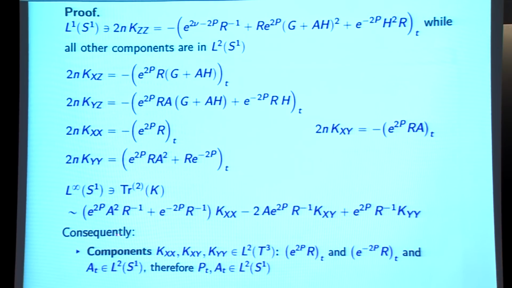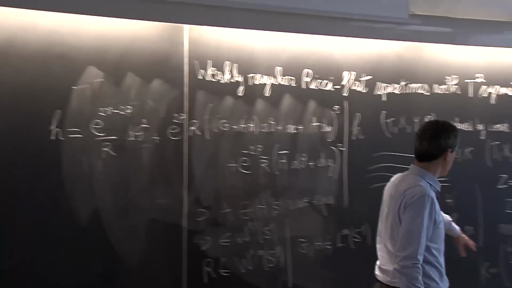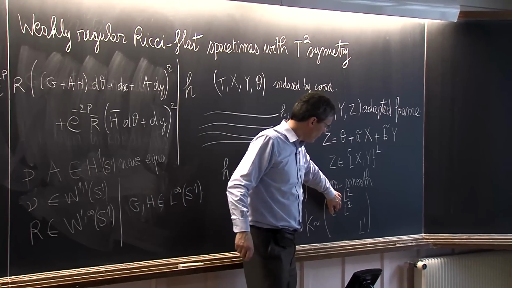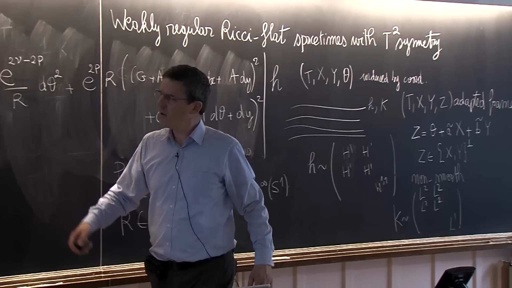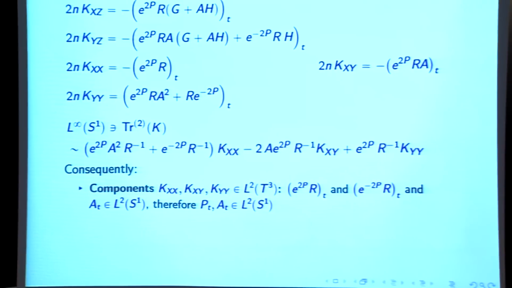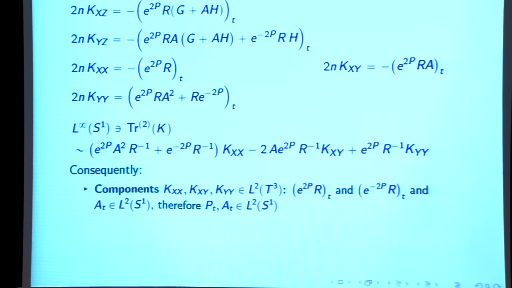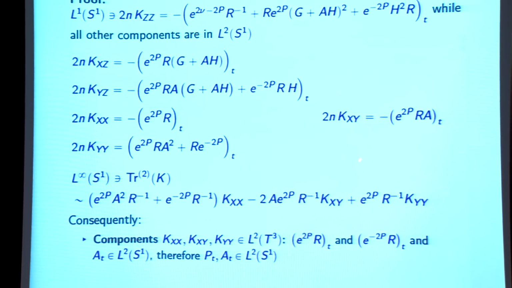For instance, you know that k, xx, xy, yy was in L2, right? So that was the first part here of k. So this part here is in L2, and what it tells us is that, for kxx, you go here, so E2p times r should be, and also that similar quantity that comes from here, and so forth.